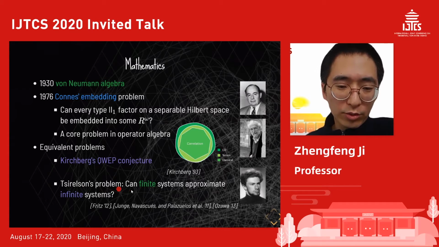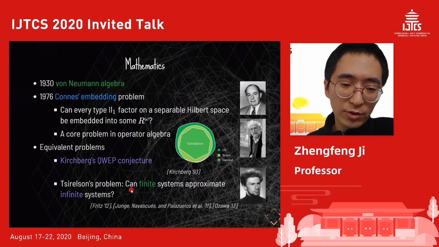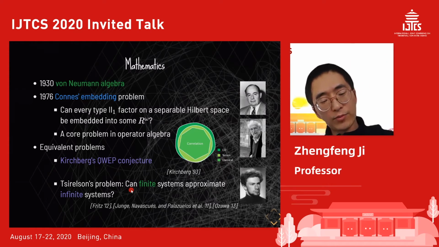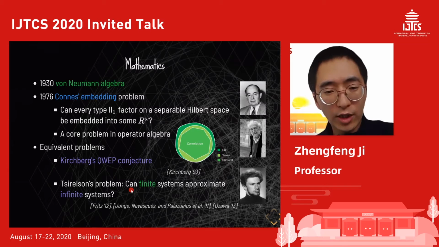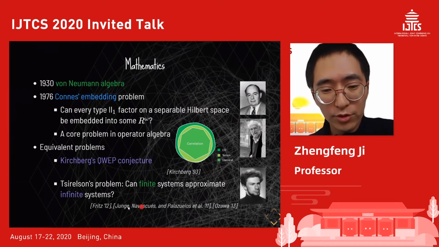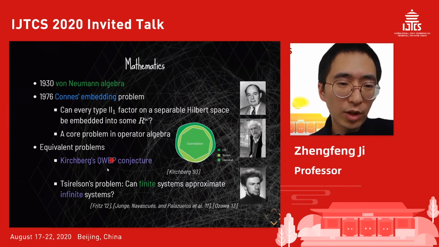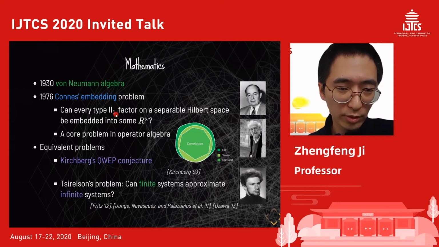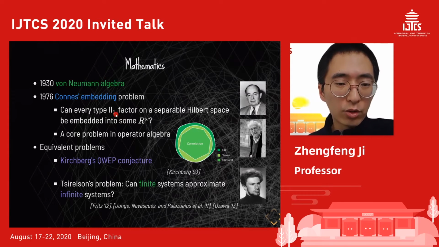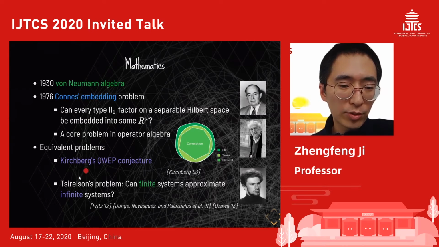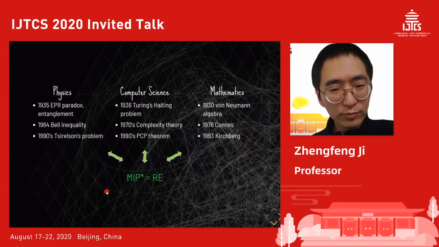He asked whether finite quantum systems can approximate infinite systems. And there's a lot of previous research showing that these problems are all equivalent to Connes' embedding problem. We won't be able to tell you what all these mathematical problems are, but we will define the Tsirelson problem later on in the talk.